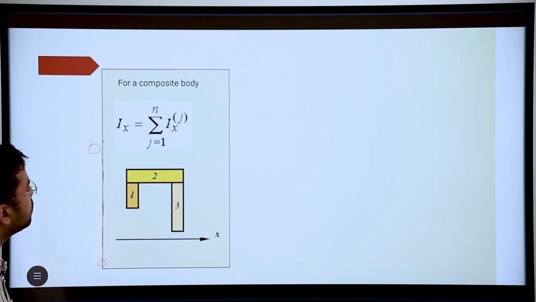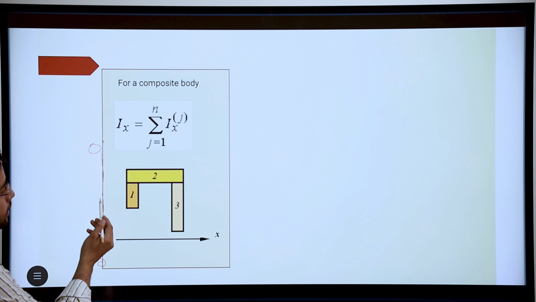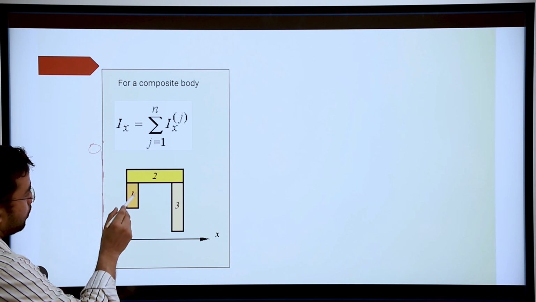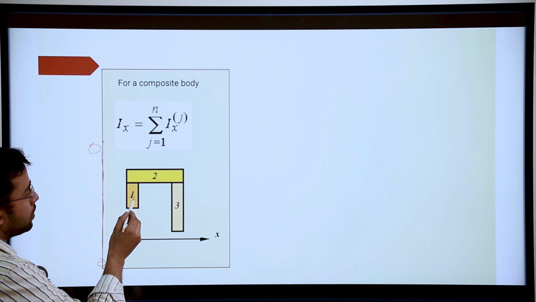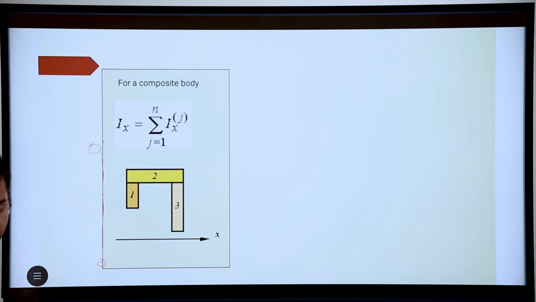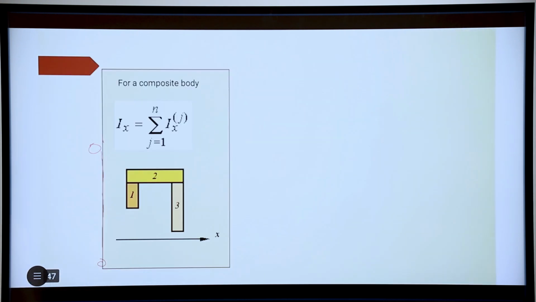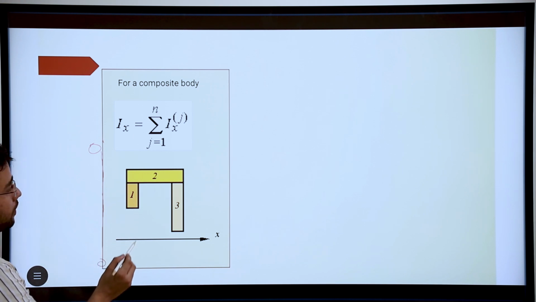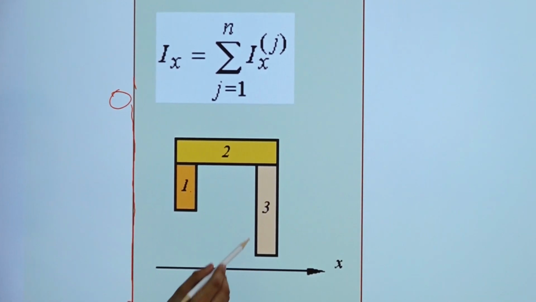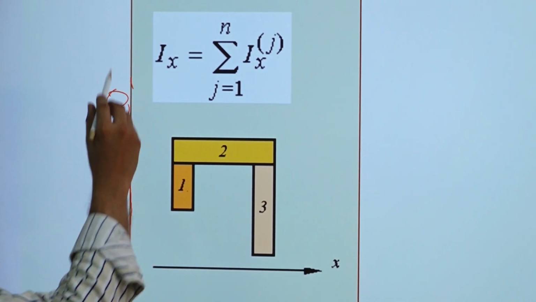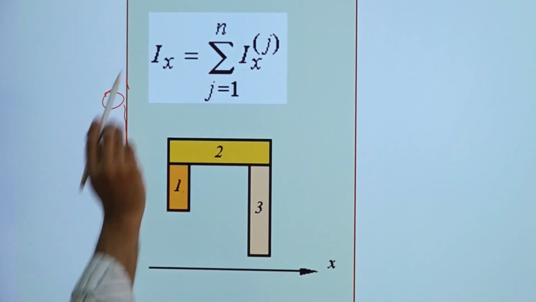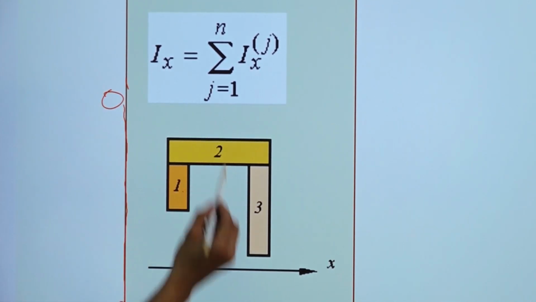So first you will find the area moment of inertia of body 1, then the area moment of inertia of 2, then of 3 about the same axis, then you will simply add them and you will find the total.